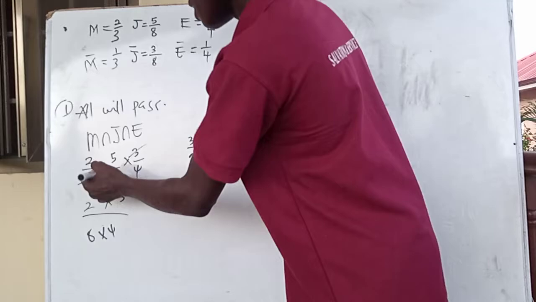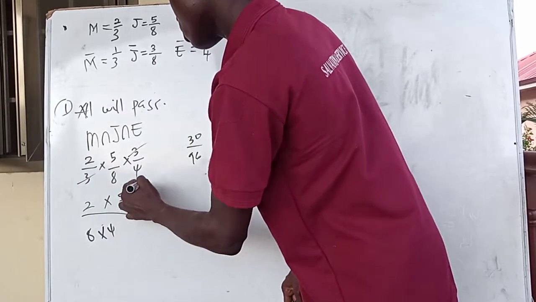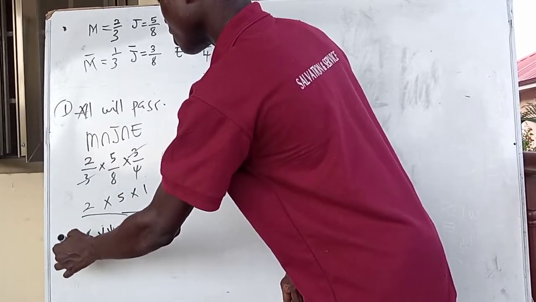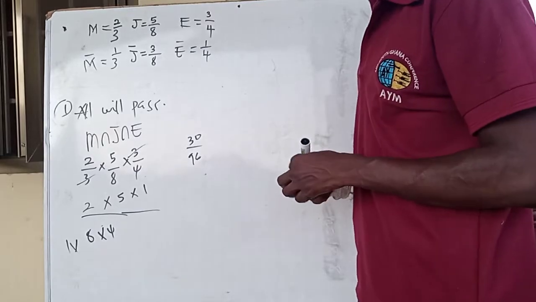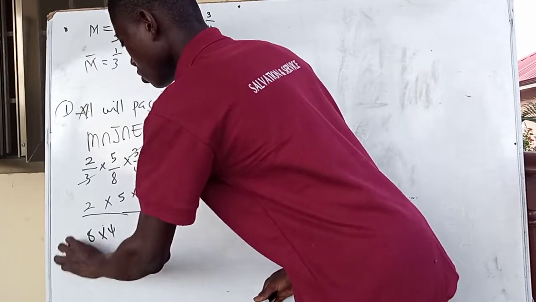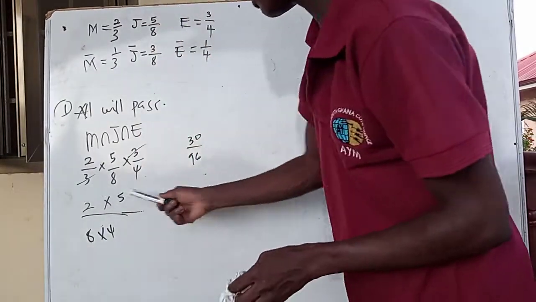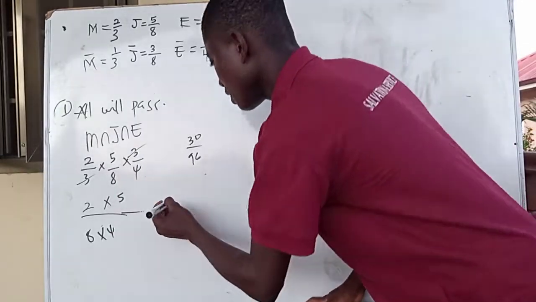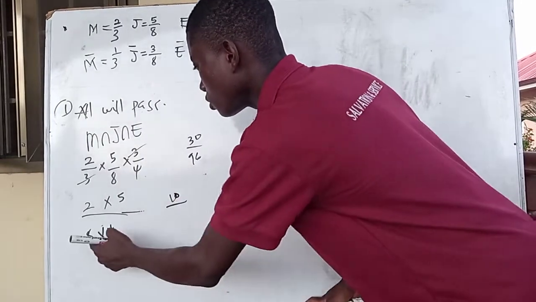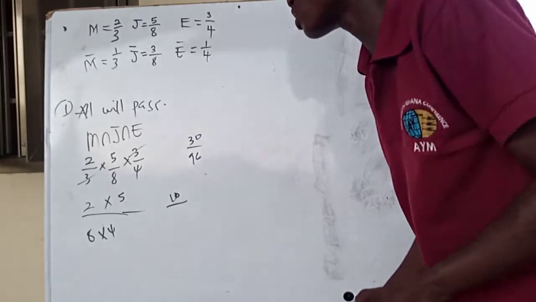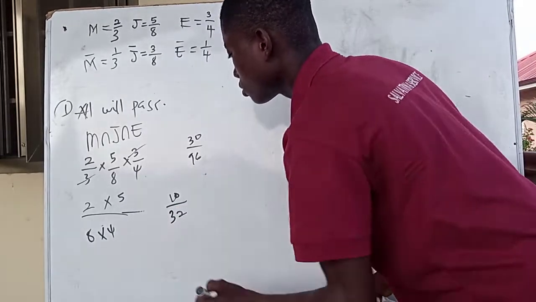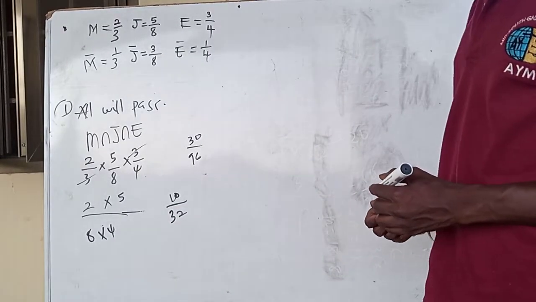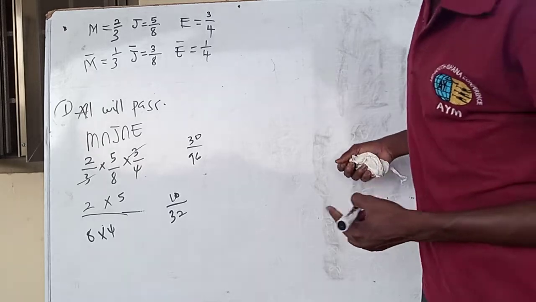Here this is 1, and this 1 is also there, so it doesn't make any difference. So 2 times 5 is 10, and 8 times 4 is 32.